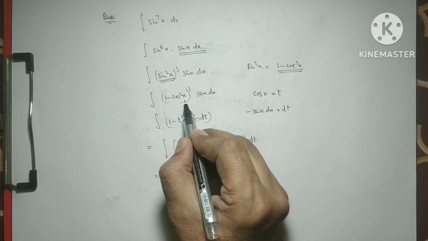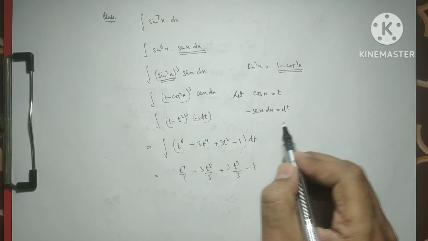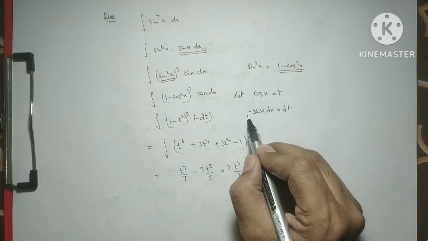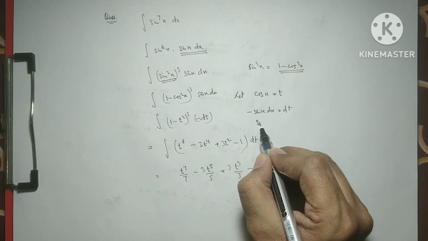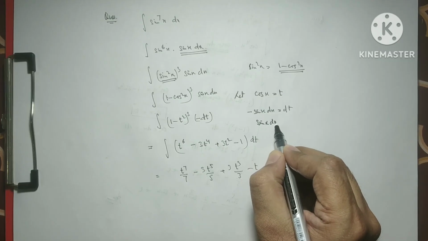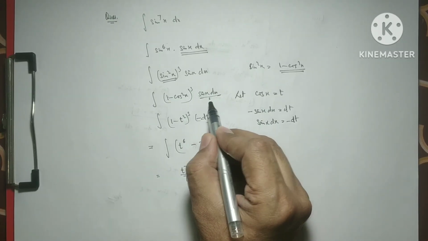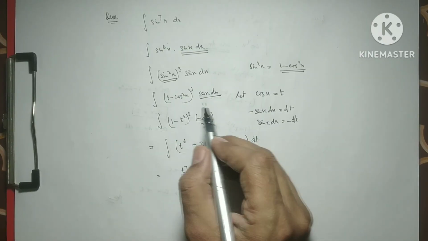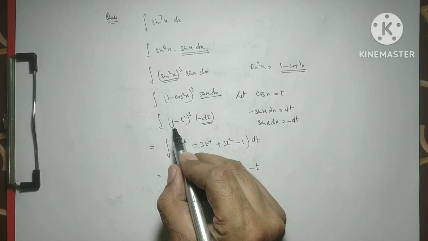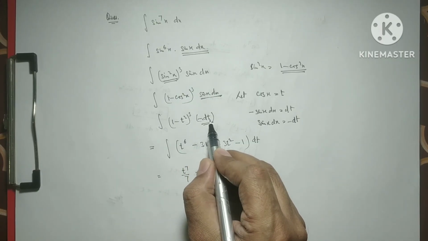Right now we consider cos x as t, and on differentiation we get minus sin x dx equals dt, or we can say sin x dx is minus dt. So the value of sin x dx is minus dt, and we put cos x as t. So this becomes 1 minus t square whole cube and minus dt.